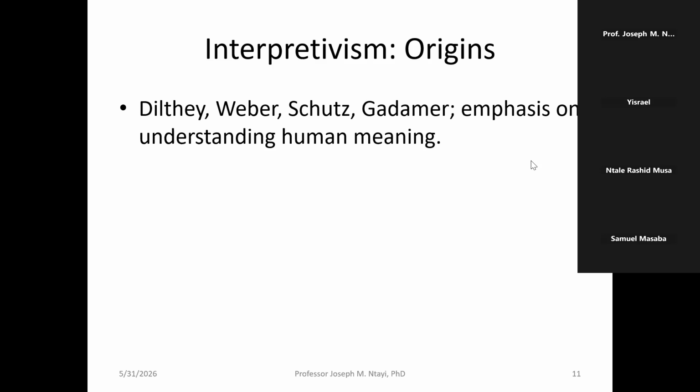So, of course, you know that the contributors are actually those fellows that I've given you. Dilthey, I think it's Wilhelm Dilthey, and this was a German philosopher. Max Weber, you all know Max Weber very well, and some of you who deal with institutional theory by Max Weber, who brings in the element of hierarchies and so forth. So he was largely a sociologist.